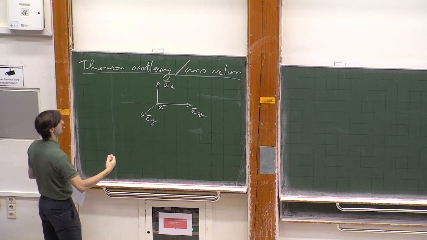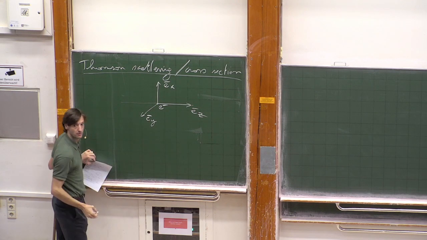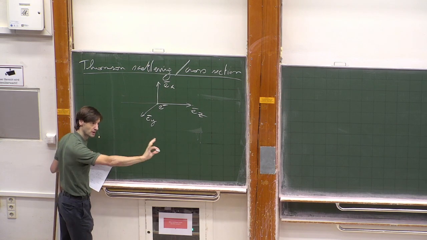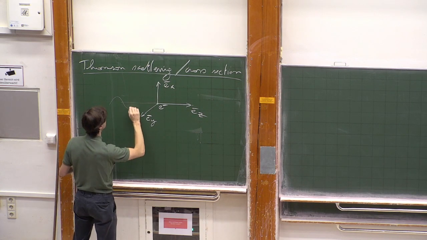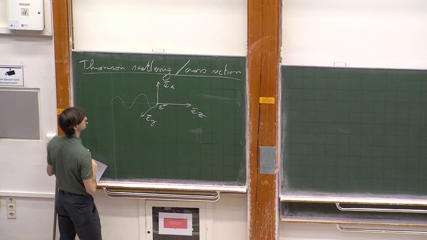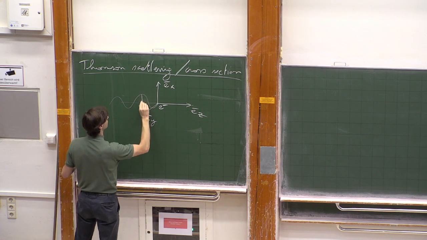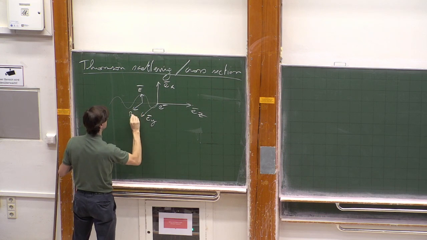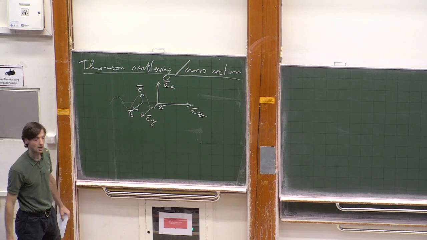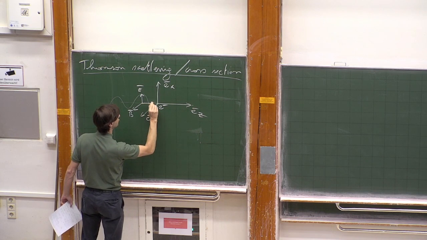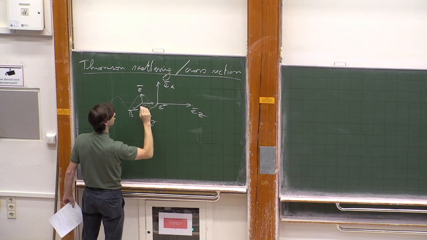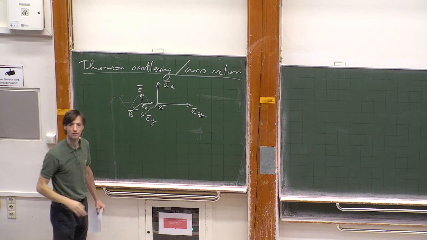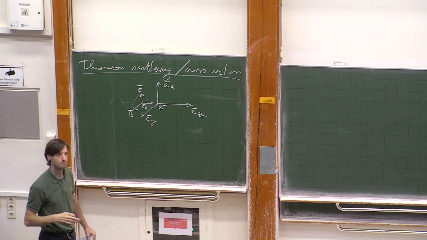Then we have an incoming electromagnetic wave that we assume to be polarized and monochromatic. So monochromatic polarized radiation that is coming along this direction. And you know that we are going to have the electric field pointing in this direction and the magnetic field orthogonal to it. And both of them are orthogonal to the vector k, which describes the direction of propagation of the electromagnetic wave.